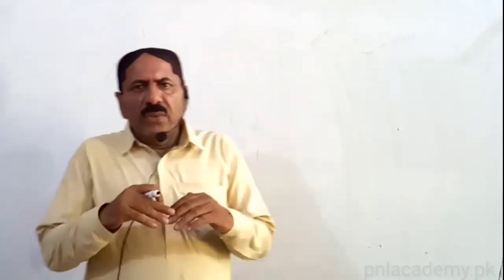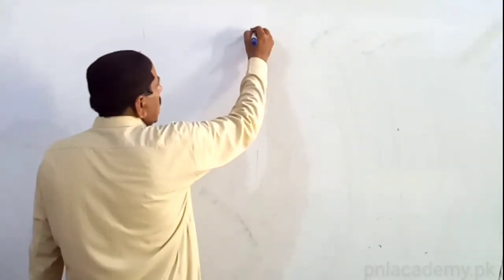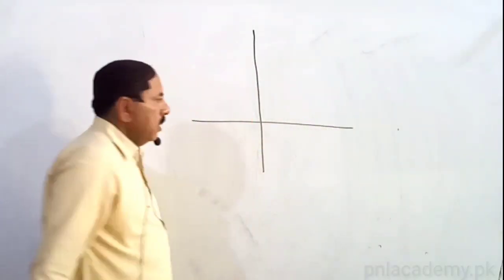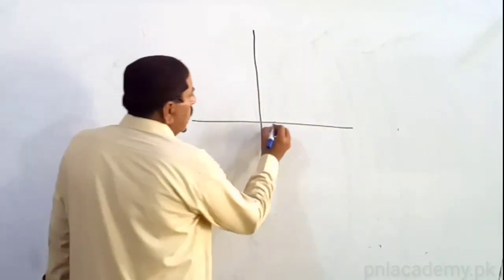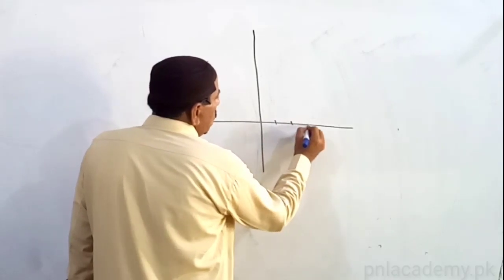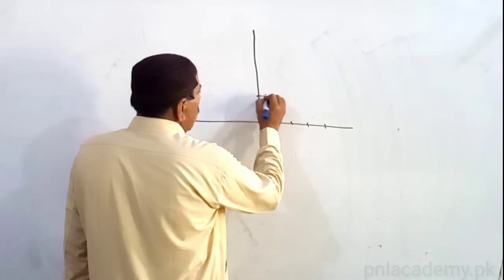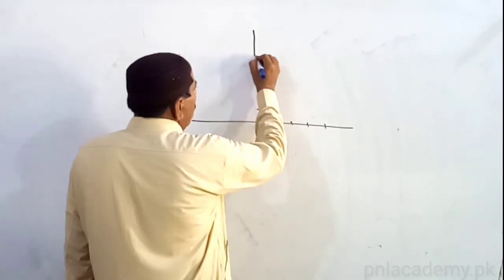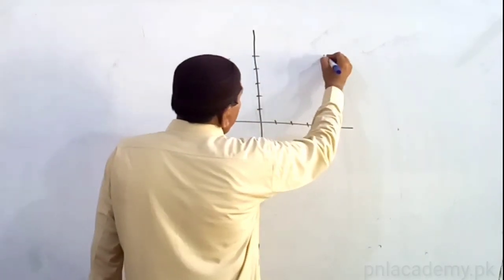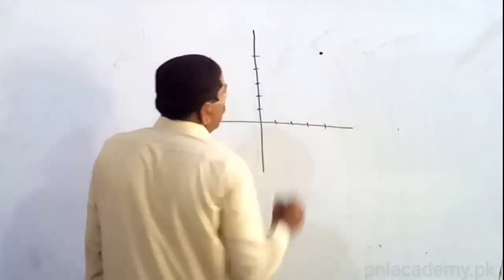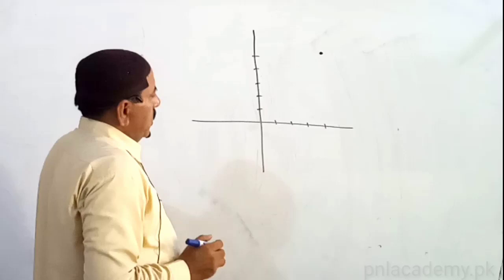And the modulus of the conjugate of the complex number is what? Means if we draw this sign, 1, 2, 3, 4, 1, 2, 3, 4, 5. This is the point.